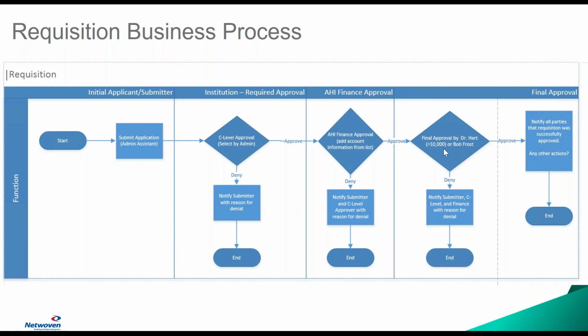Going from a final approval back to C-level because we need more information is a very easy thing to do. If you tried to do it in code using SharePoint Designer, it would probably take you more than 40 hours, or possibly more, depending on the complexity of how you jump back and forth.